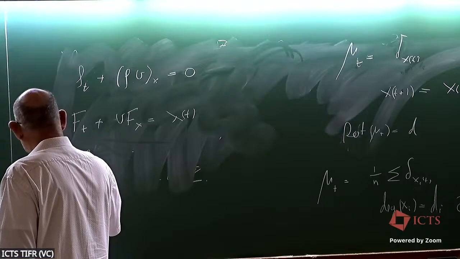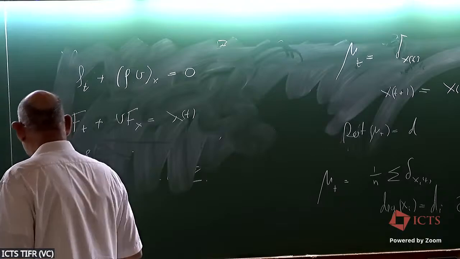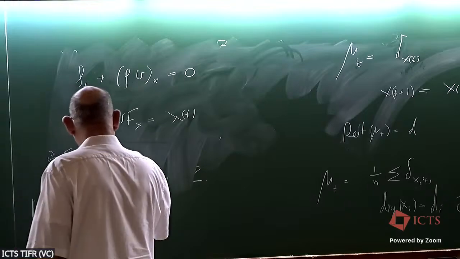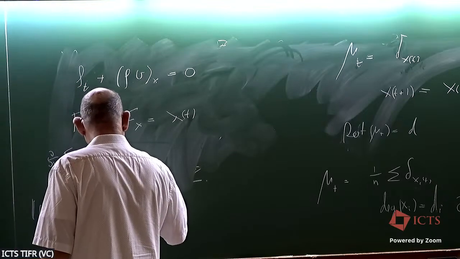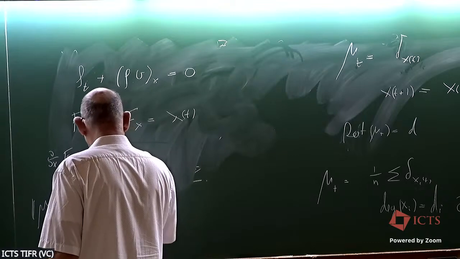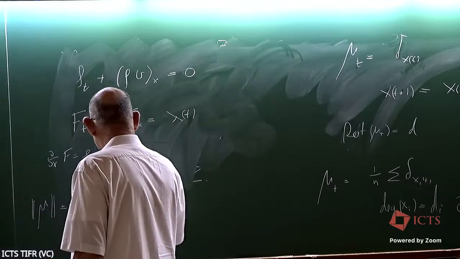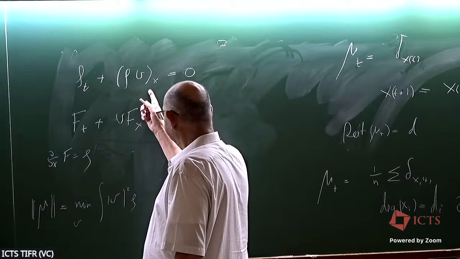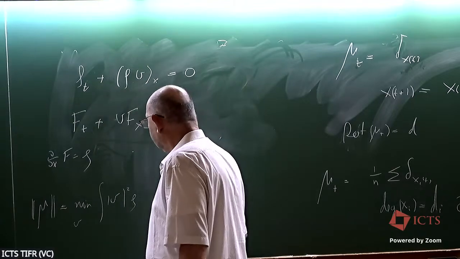Actually, yesterday I defined it like mu dot, but it is the same thing: the minimum of the integral of v squared rho, over all velocity fields which are compatible with rho and the continuity equation.